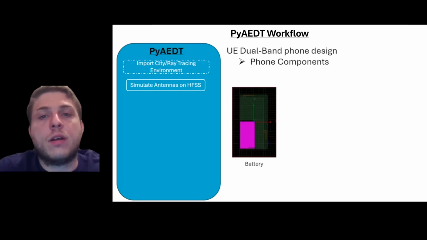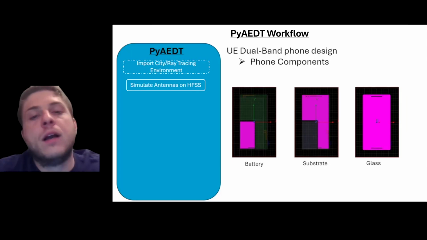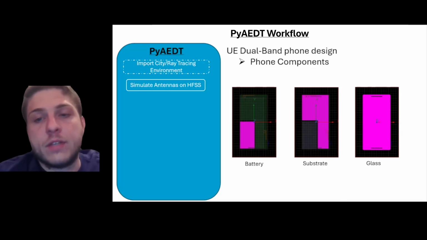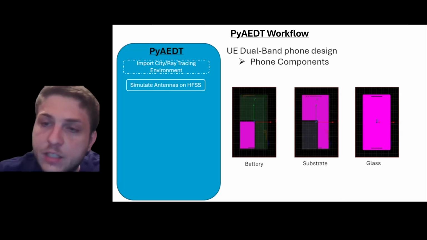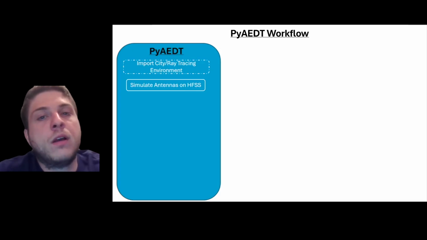Now, here are the different components you have in your HFSS design. For example, battery can be assigned the PEC material. You have a substrate on which the cell phone and the antennas are mounted. And then you have a glass on top of the cell phone.